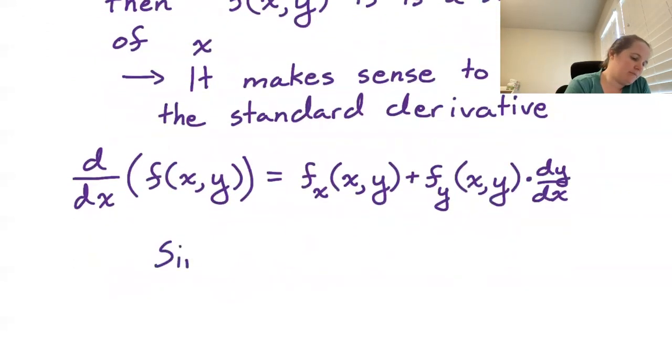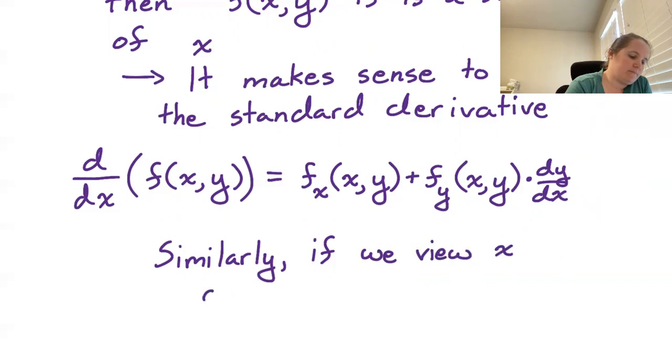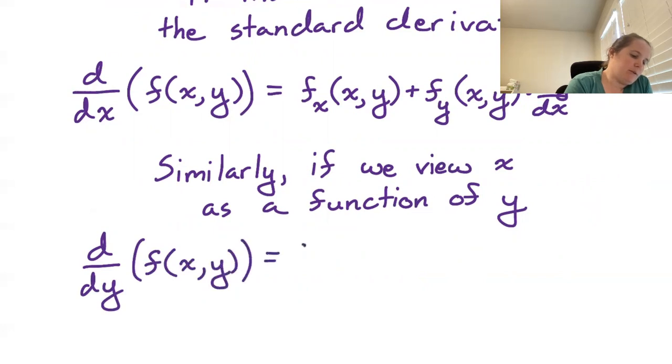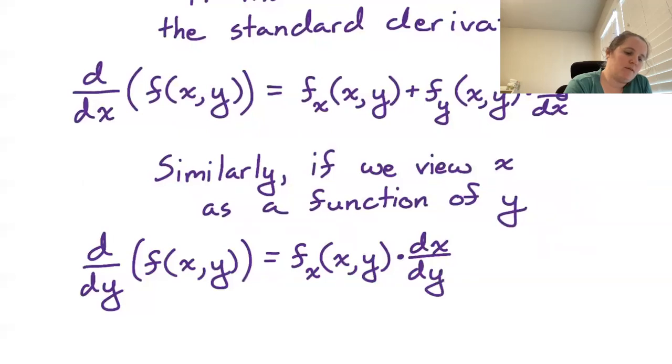Similarly, if we view x as a function of y, then we get the derivative with respect to y of f of x y is the partial with respect to x evaluated at x y times dx dy plus the partial with respect to y of x y.